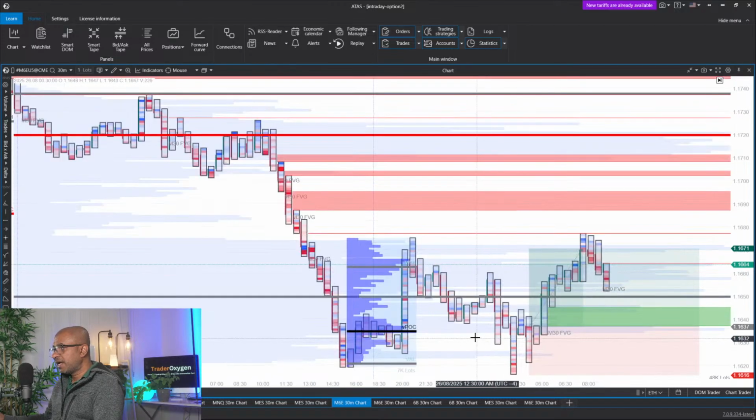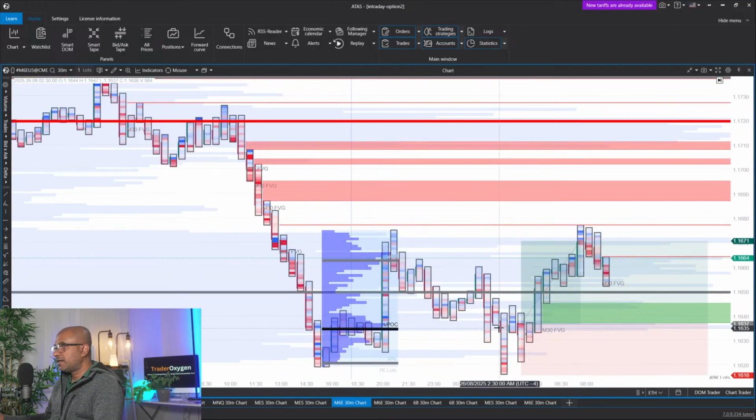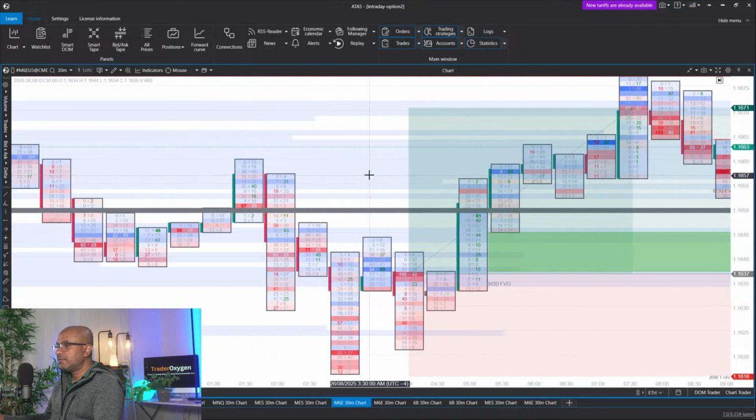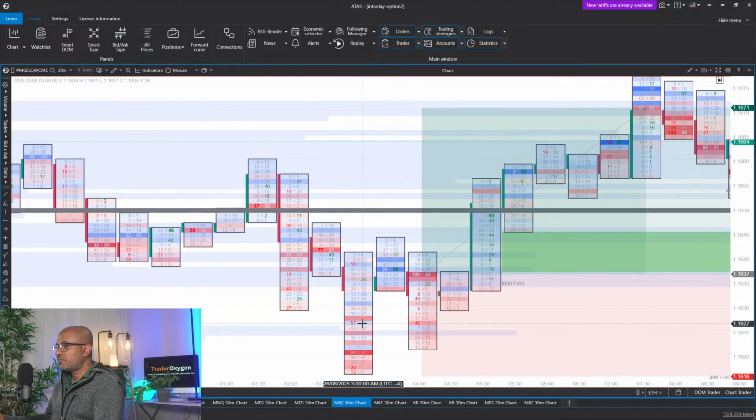Now I'm again zooming that. So you can see this is the footprint of that candle. In that area where it made a wick, we noticed the negative delta over here.